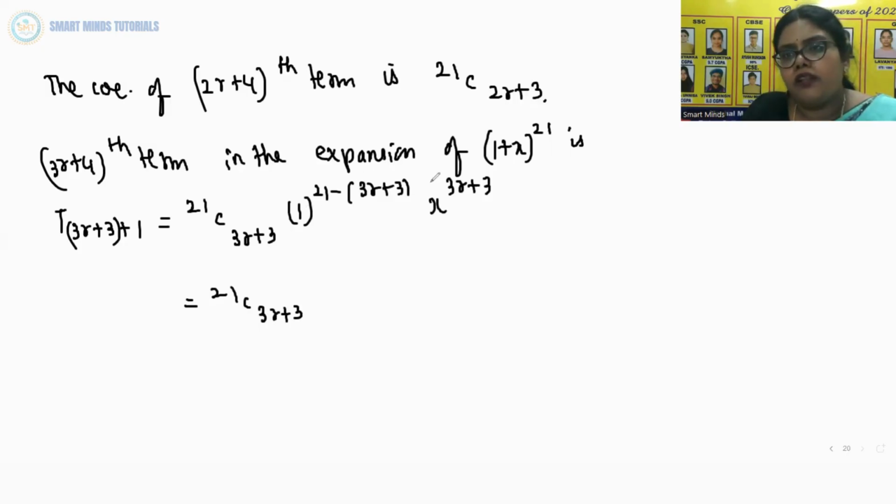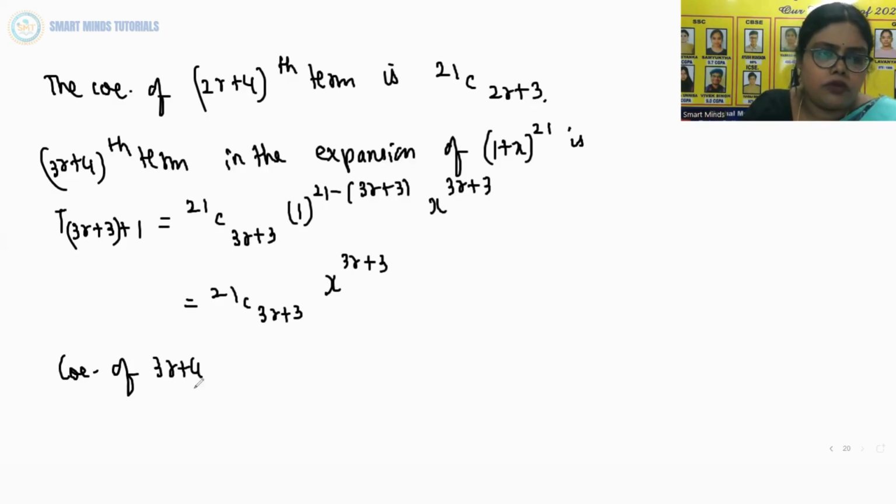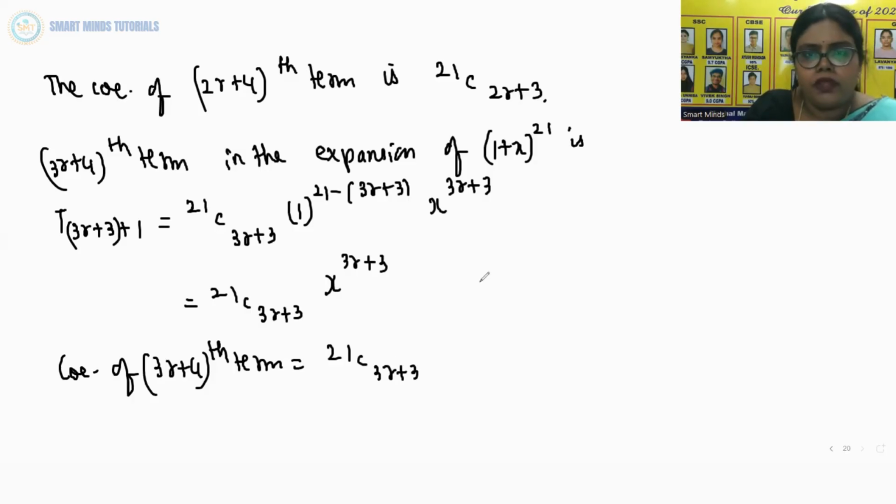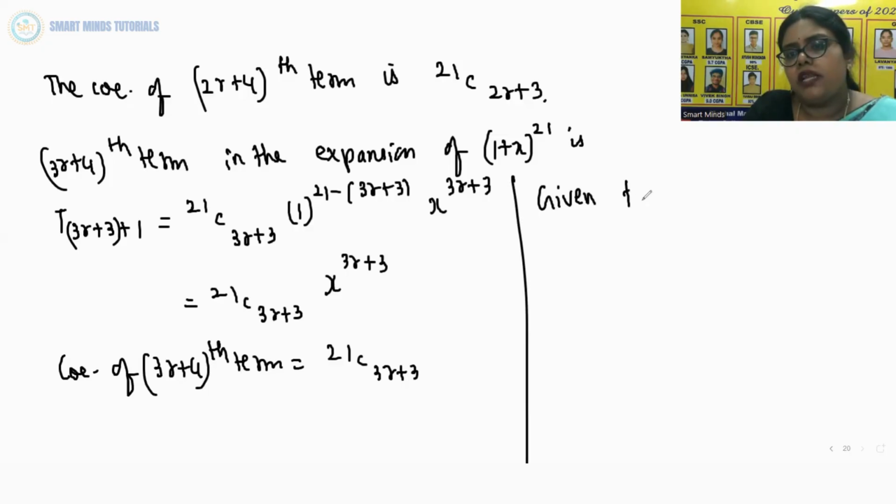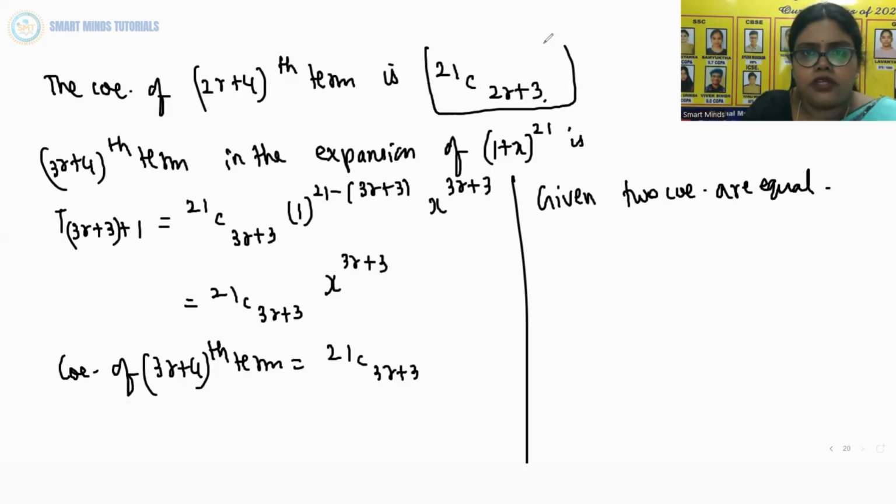Again 1 power anything becomes 1, so we are left over with x power 3r plus 3. So what is the coefficient of the (3r plus 4)th term? That is only the binomial coefficient you have to take, 21C(3r+3). But what is given in the question? Both the coefficients are equal. So this is one coefficient and this is another coefficient.